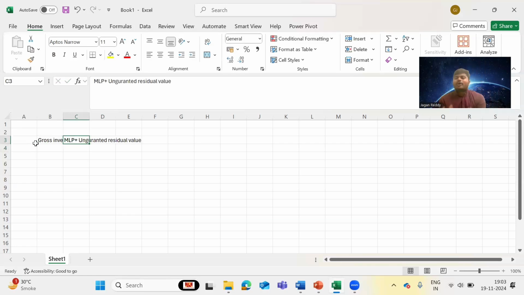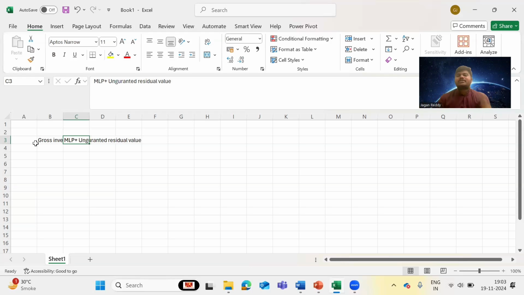Did you understand what is meant by gross investment value? It is nothing but monthly rentals plus guaranteed residual value plus unguaranteed residual value. The guaranteed residual value plus the unguaranteed residual value both come into residual value.